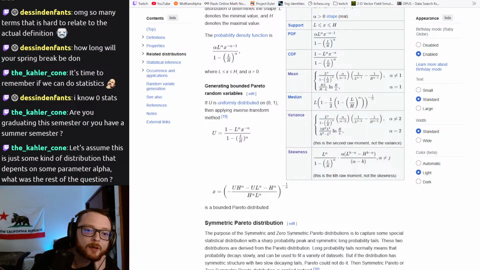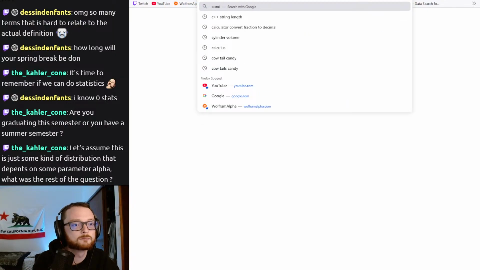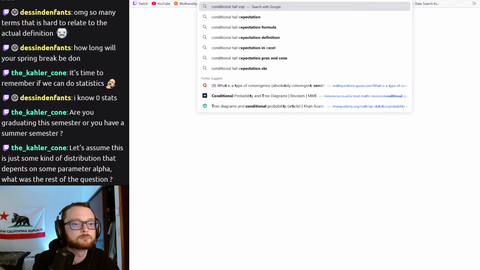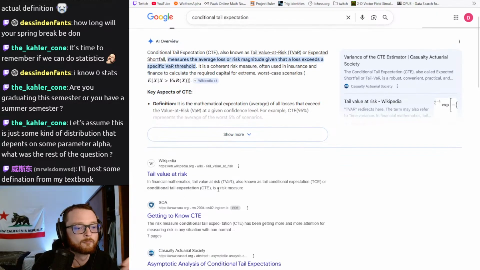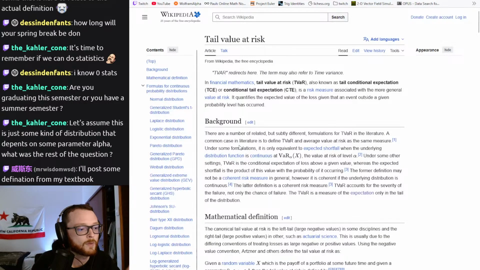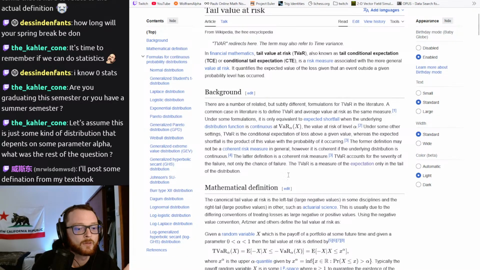Conditional tail expectation. Yeah, sure, if you want. I'll show the question again.